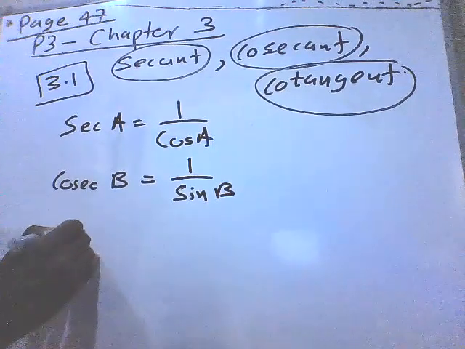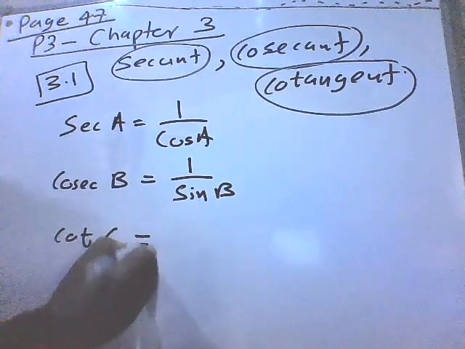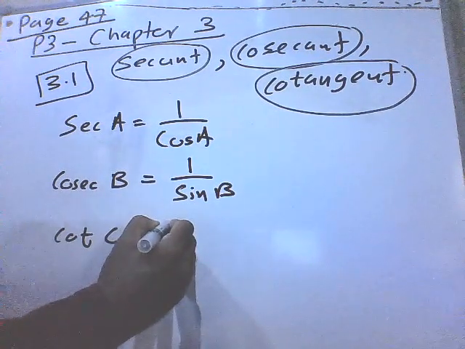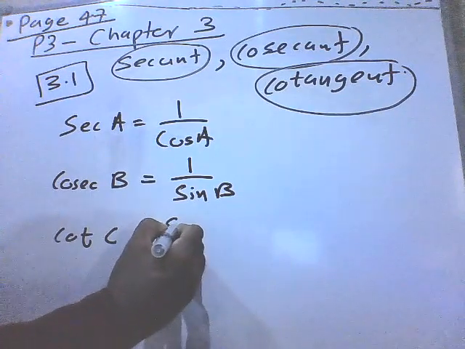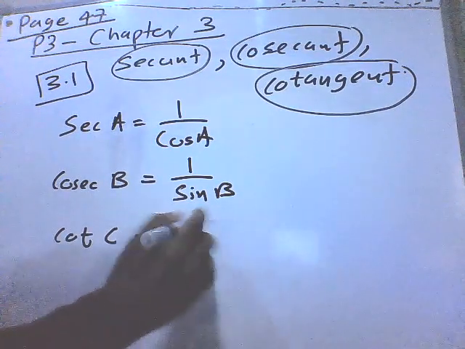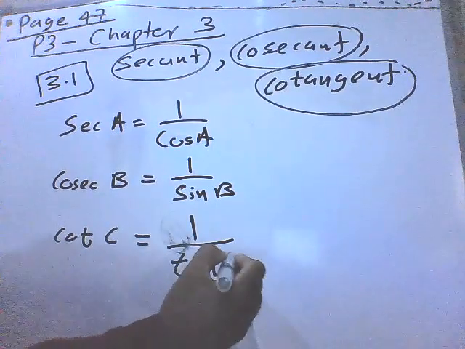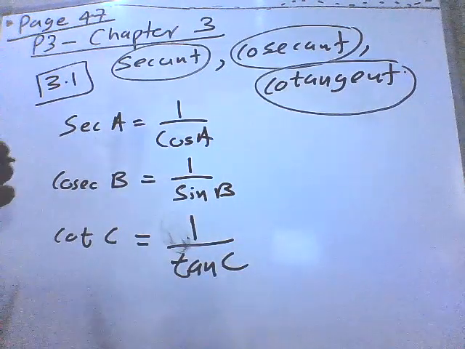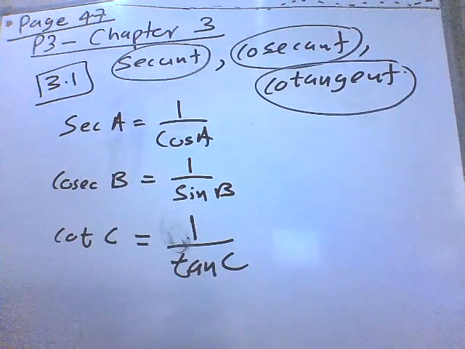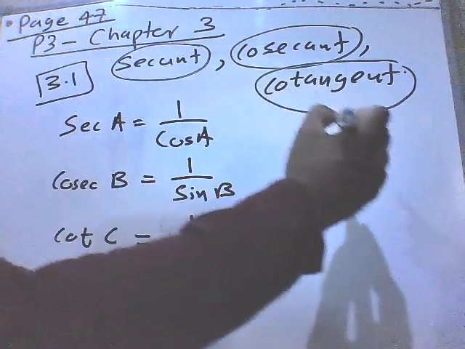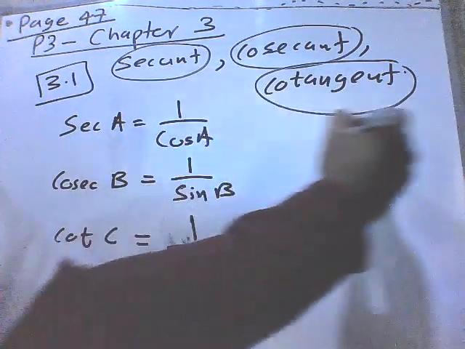And we know cot C. We can define cot C as the opposite of tan C. And also we have the basic definition.